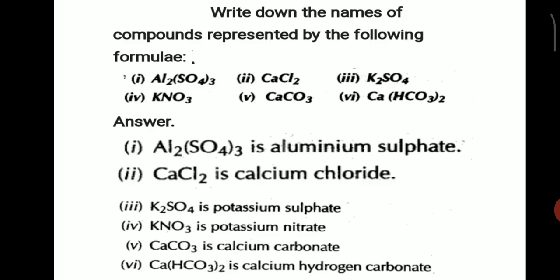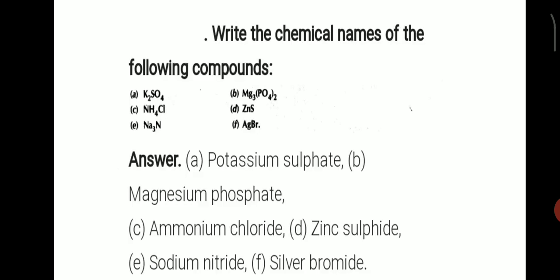Next we are going to study some other names. This is also a familiar one. K2SO4, that is potassium sulfate. Mg3(PO4)2. Mg means magnesium, PO4 means phosphate, so magnesium phosphate.